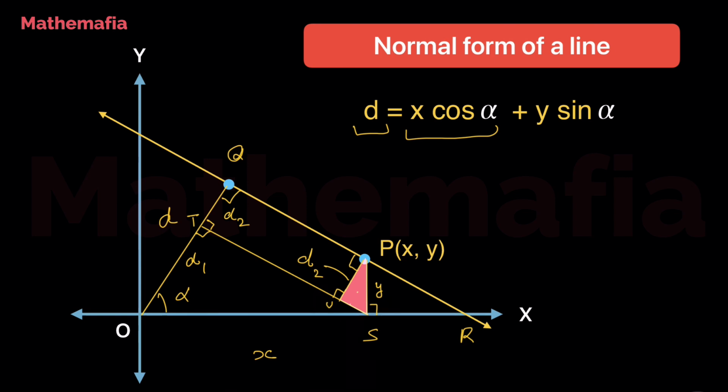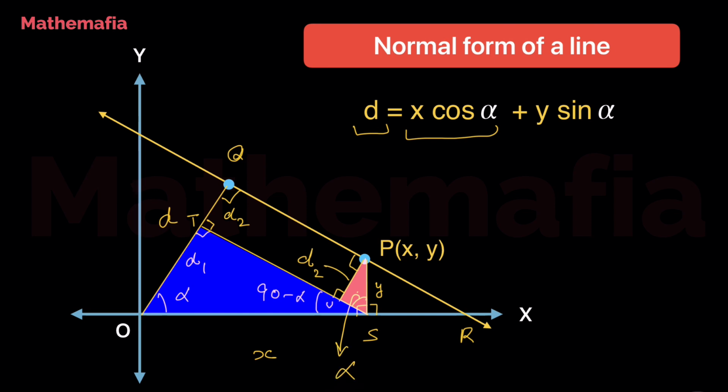How? In this triangle, this angle is alpha, this is 90 degrees. Definitely this is going to be 90 minus alpha. But we know that PS is perpendicular on the x-axis, so this angle is 90 degrees. So if this angle is 90 degrees and this angle is 90 minus alpha, then this angle PSU is going to be alpha again.